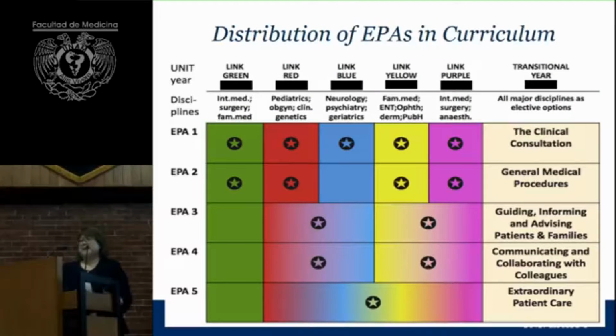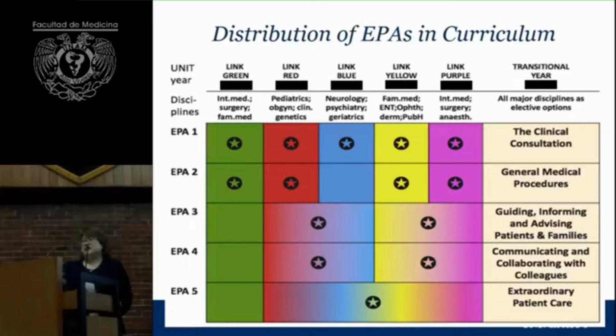Okay? And what that means is, again, if we lay out the curriculum, across the top are the different modules, the green module, red module, blue, yellow, and purple, and then each row is the different EPAs. You can see where each star is where the students are being assessed at a summative level in terms of did they achieve that EPA and can move on to the next module. Okay?